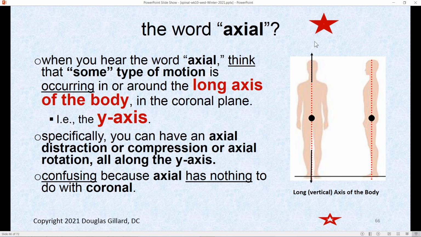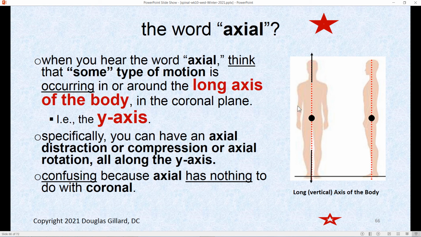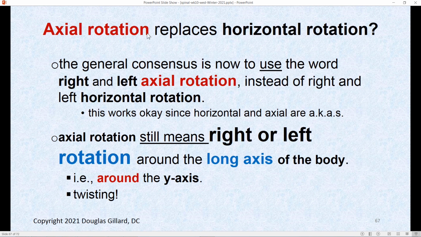So you can substitute that word axial in there. So axial rotation can replace horizontal rotation. If you remember, the axis is just the y-axis or the long axis of the body, you can twist a vertebra. So there is an axial rotation twisting around there.